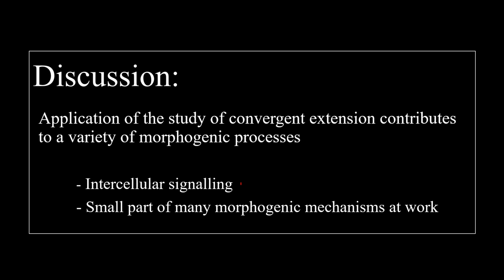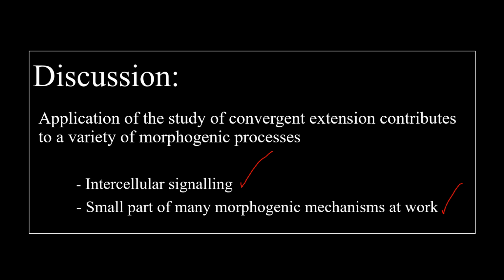You will see many papers that talk about convergent extension in terms of intercellular signaling, and as you see, there were 17 stages, I think, in the beginning that I showed you, of the development of a fruit fly.